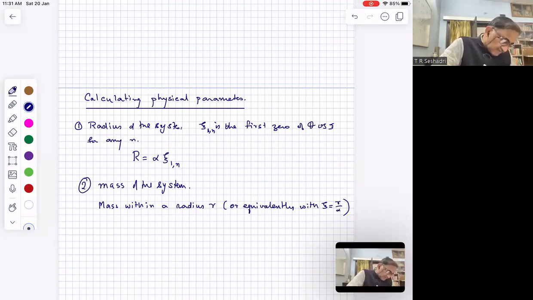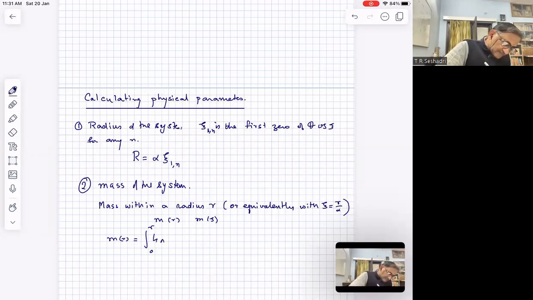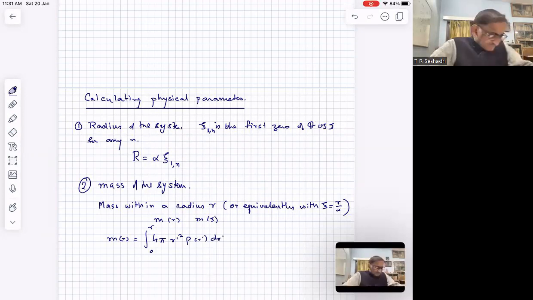I call it either M of R or loosely M of xi. How do I calculate this? M of R will be equal to integral 4 pi R square rho of R dR from 0 to R. I have to be a bit careful. Let me be mathematically rigorous and call this 4 pi R prime square rho of R prime dR prime, because the upper limit is R. This is clear? This is what I'll calculate, right?